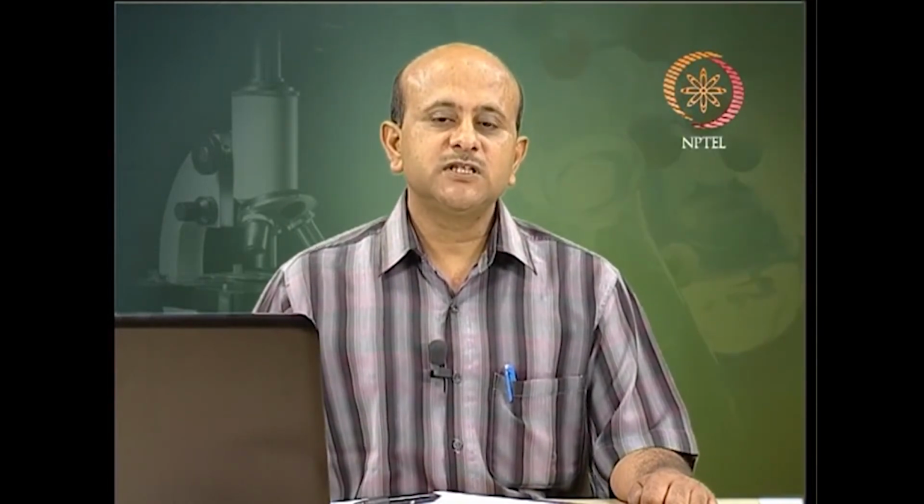So, this completes our ion exchange chromatography section, and as we have gone through this particular section, I hope that you are able to understand how ion exchange chromatography is performed.